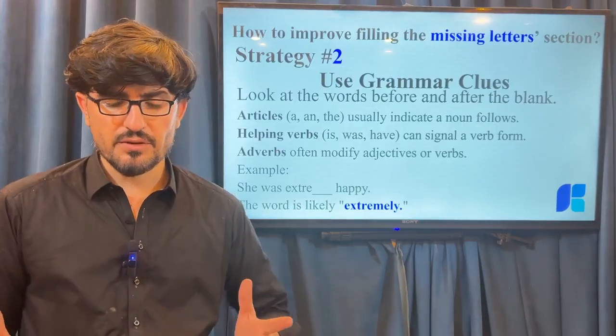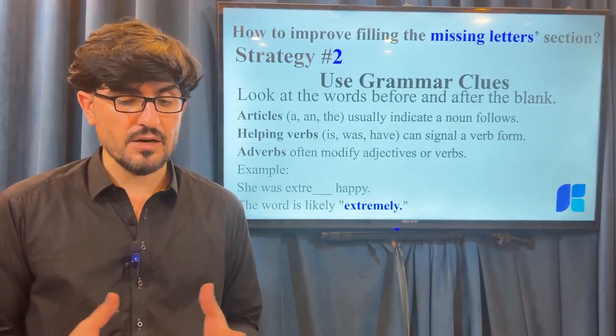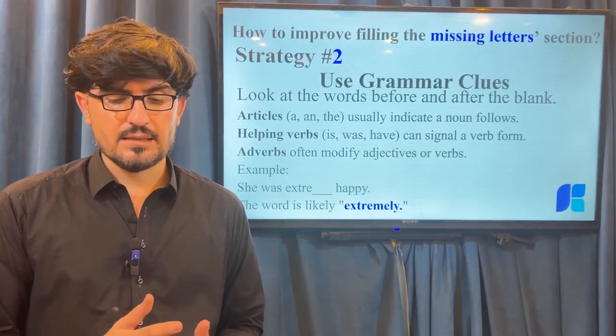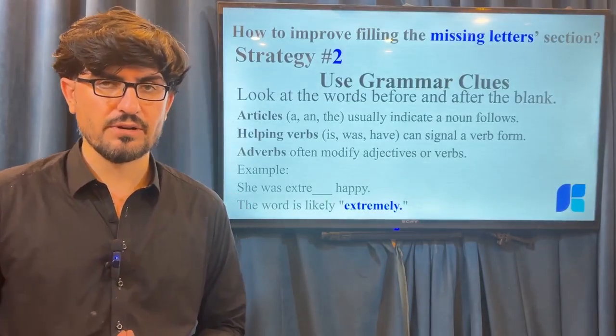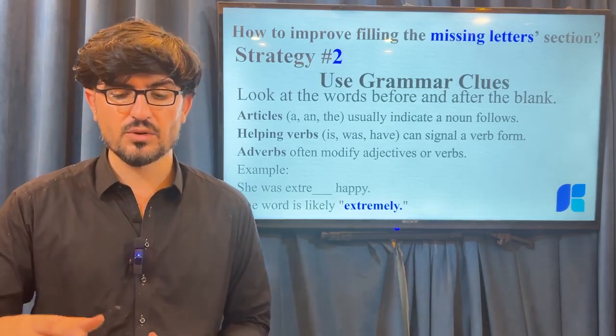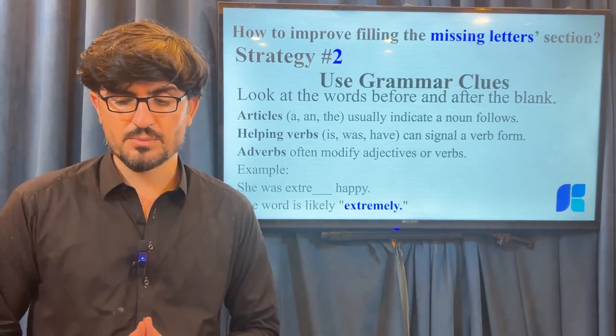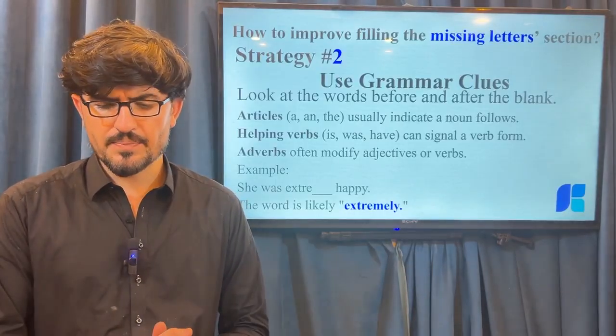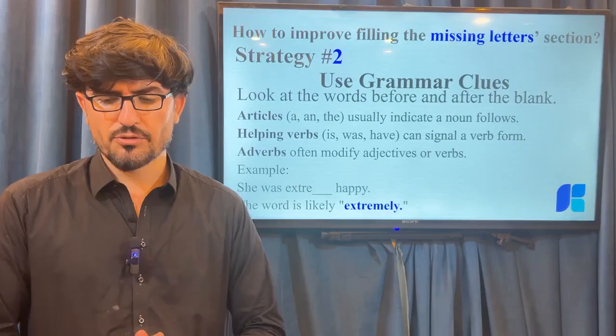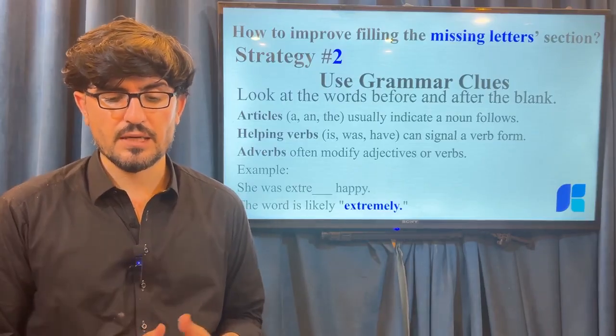For example, in terms of grammar, articles, right? Like a, an, the, usually indicate a noun follows. So if there is a, an, or the, there must be a noun. So you could find the noun quite easily. And the second grammar clue is helping verbs.